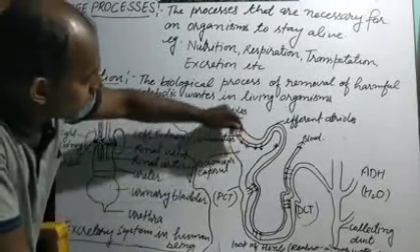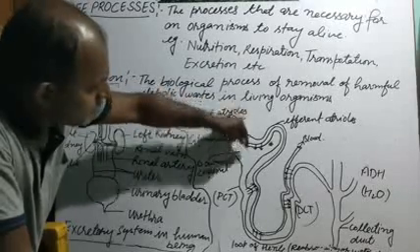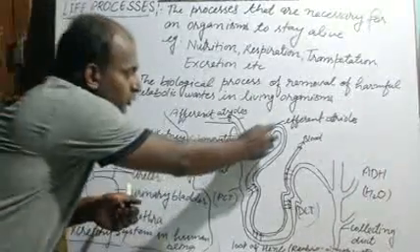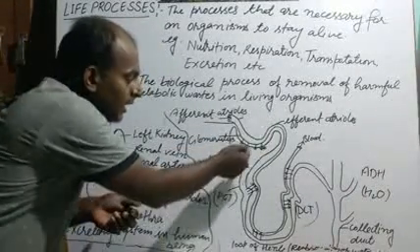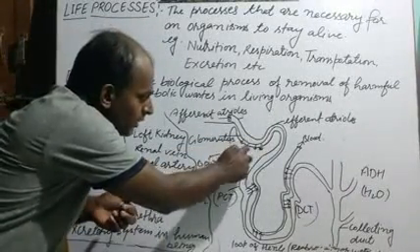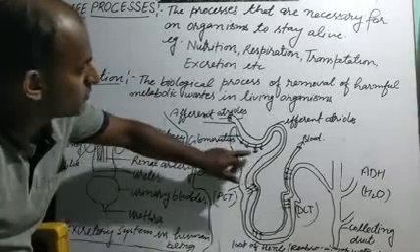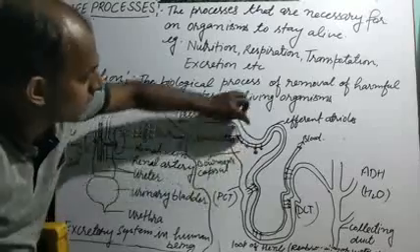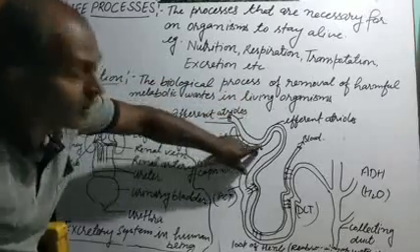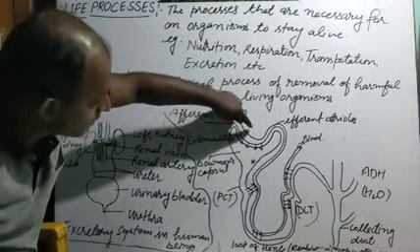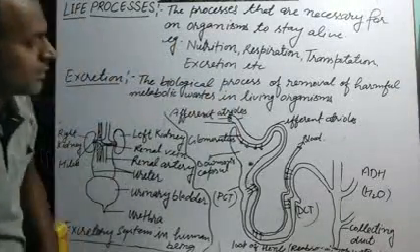Due to this there is filtration and the rate of filtration is increased. This is the glomerulus, the filtering unit. From this portion the urine starts to filter.